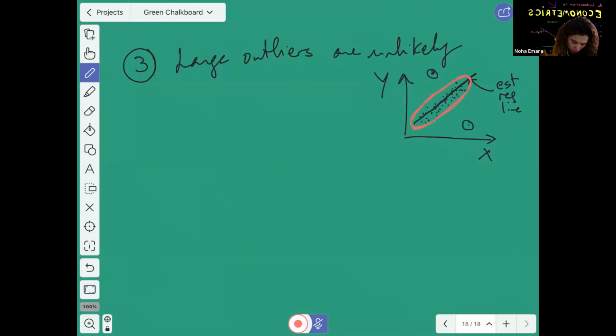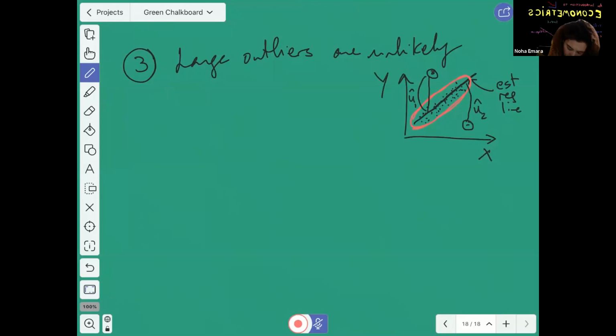Of course, this would create a lot of trouble in our estimation if I have outliers in the data set, because as you can imagine, the distance between this dot and the estimation is an amount of error. I'm going to call it U hat 1. Also the distance between this dot and my estimation is another amount of error, U hat 2.